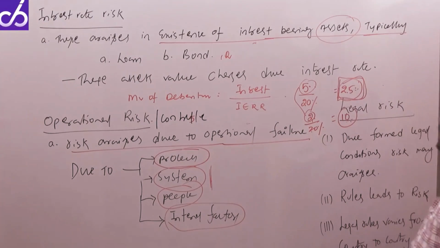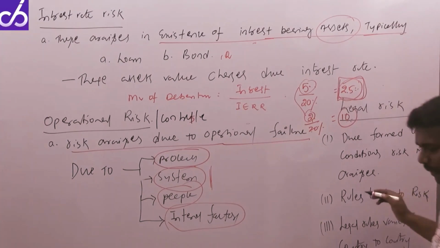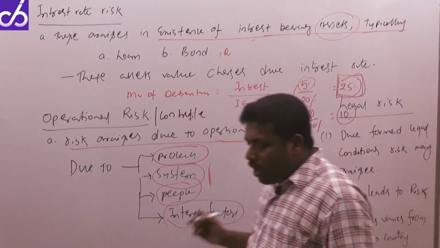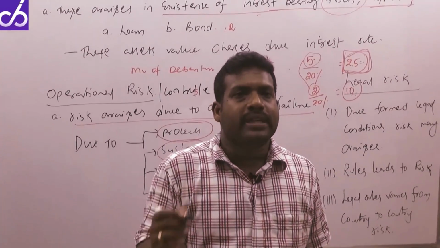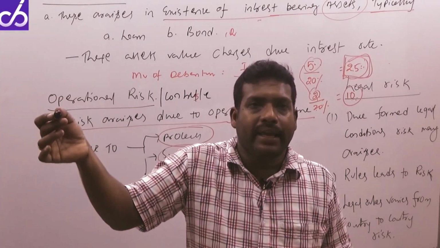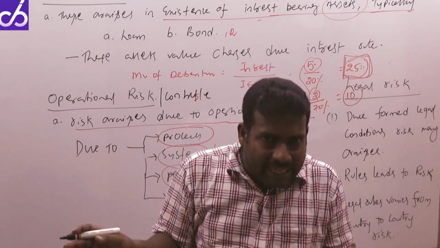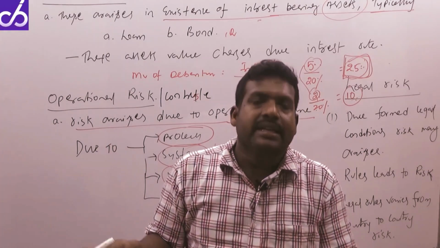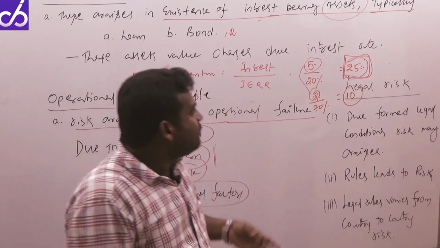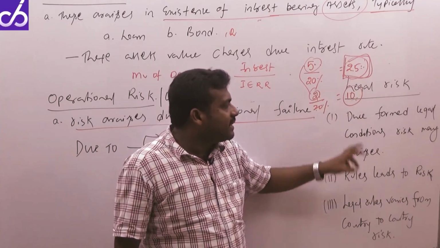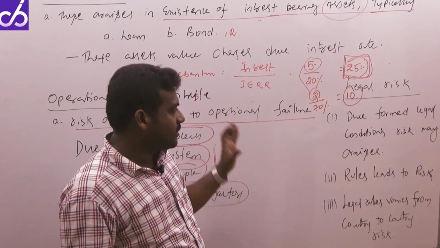And finally, you have legal risk. Legal risk means the rules and regulations laid down by the legal system of the concerned country or concerned section or concerned people. If a risk arises because of them, such a risk is called legal risk.